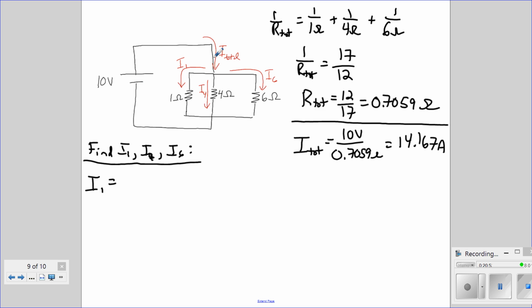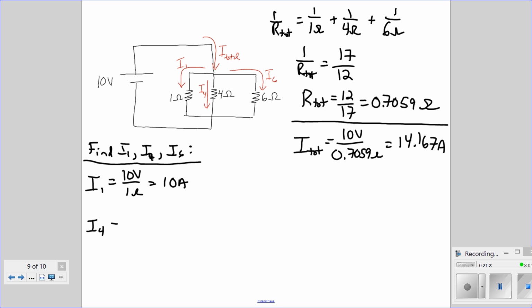Again, because there's nothing else in the circuit before this junction or after the junction, we gain 10 volts across the battery, so then we have to lose that full 10 volts across the resistor to get back down to 0. So each one of these individual resistors is going to have the full voltage of 10 volts across it. So current 1 is going to be 10 volts divided by 1 ohm, so that's 10 amps.